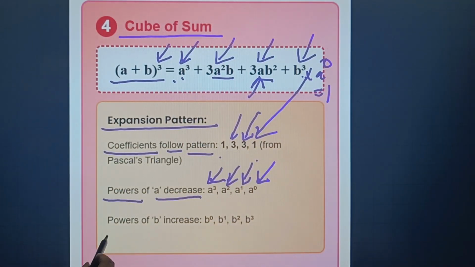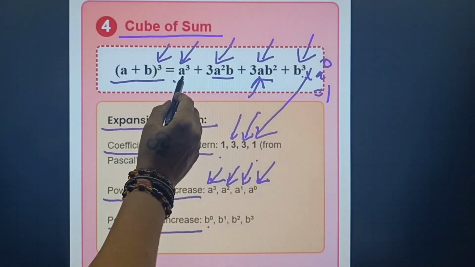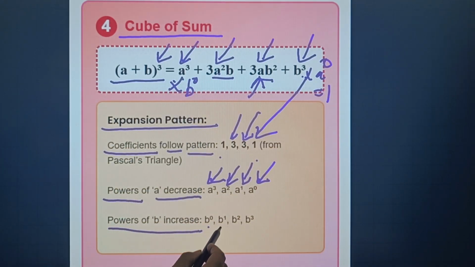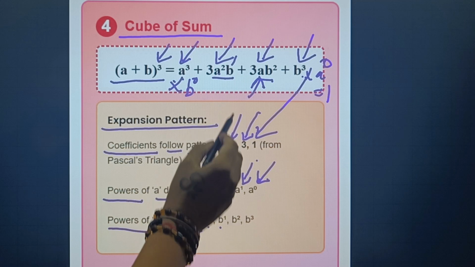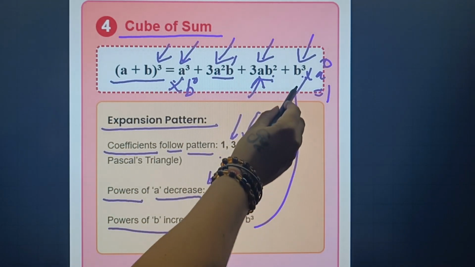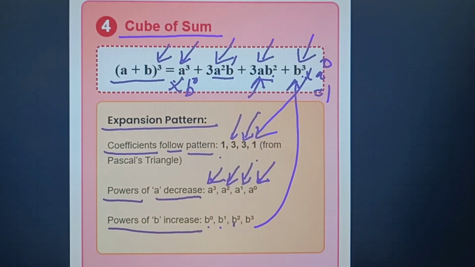Similarly, powers of b increase. That is, here we have b raised to the power 0, b raised to the power 1, b raised to the power 2 and b raised to the power 3. Now let's understand this identity with the help of an example.